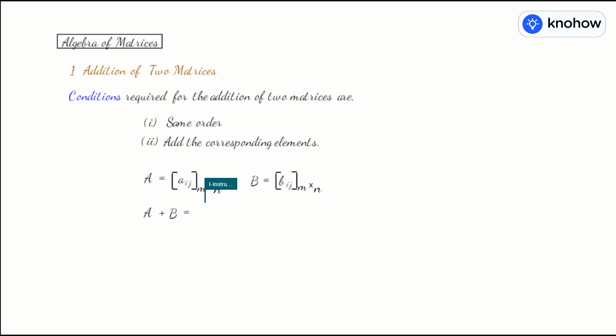They are already of the same order. Add the corresponding elements, means Aij to be added to Bij, and the order of the resultant matrix will remain the same.